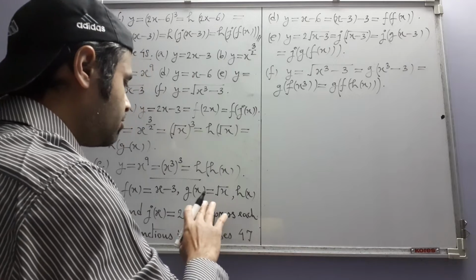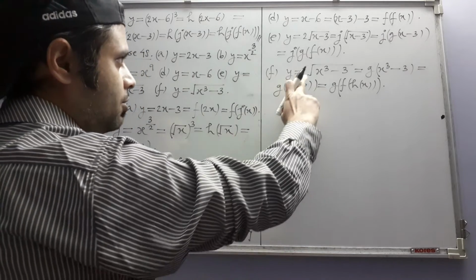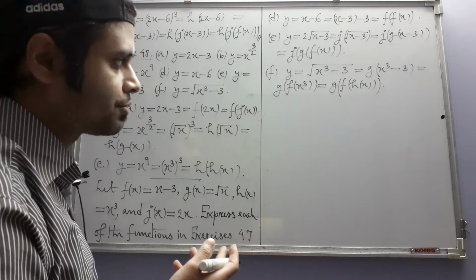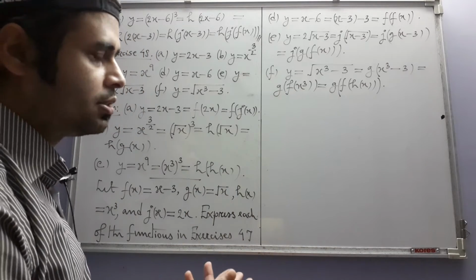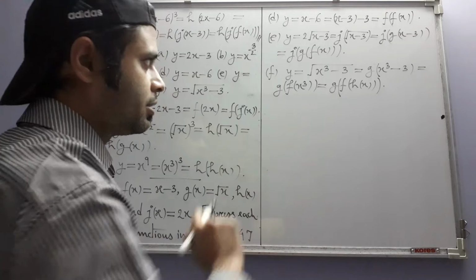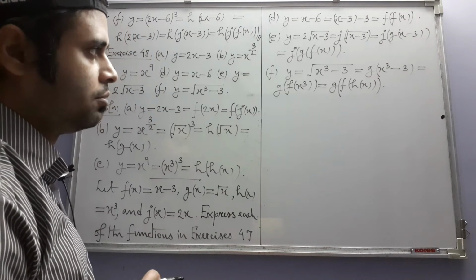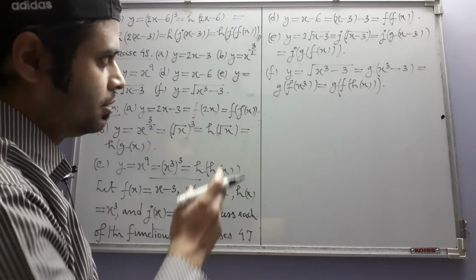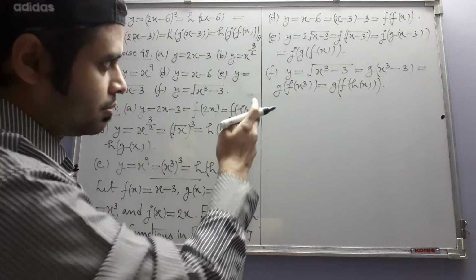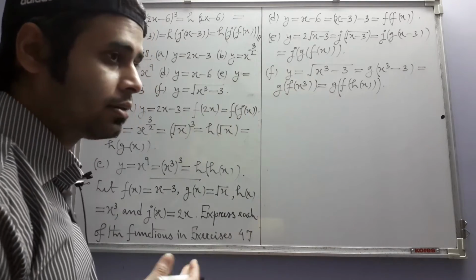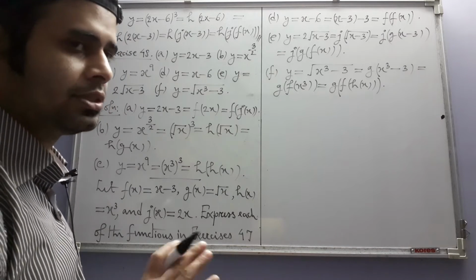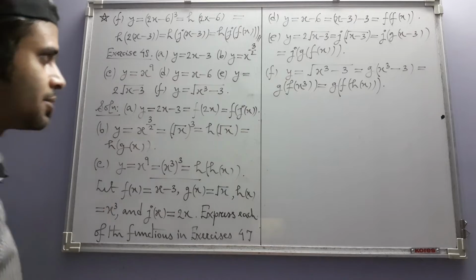If you are able to recognize the given function as a composition of some functions which are much simpler and can be readily differentiated, then you can use this sort of formula and the chain rule to calculate the derivative. We will see these things when the time comes.